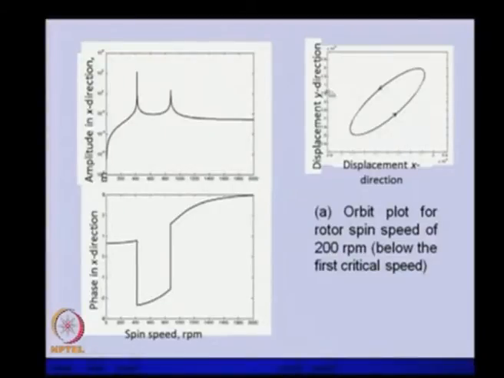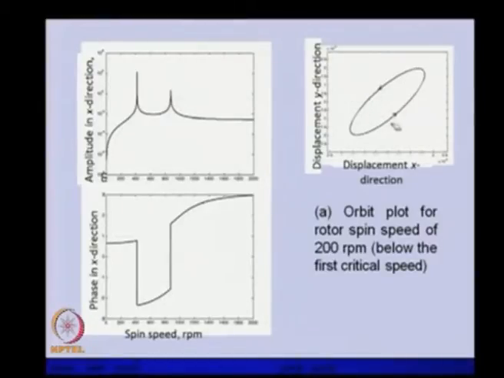Even in some oscilloscopes we can see this orbit and its sense of rotation using a third axis: x and y, and another axis, the z axis. In that we can introduce a reference signal, and with the help of that we can show the sense of this orbit also.